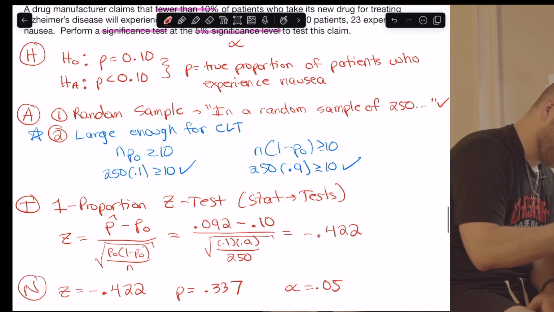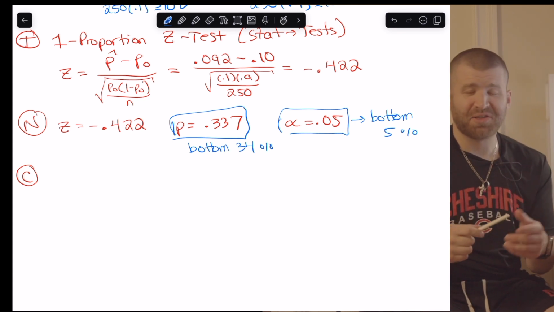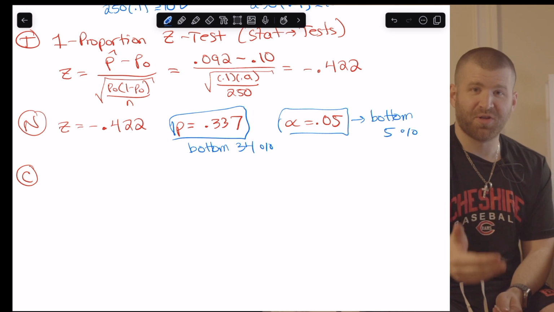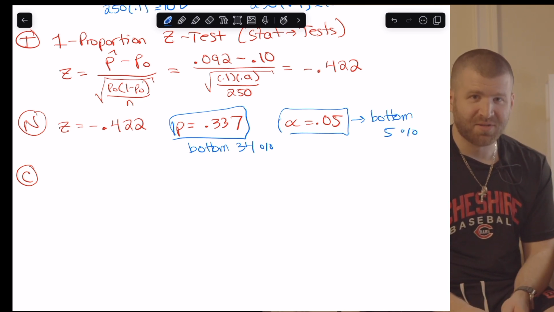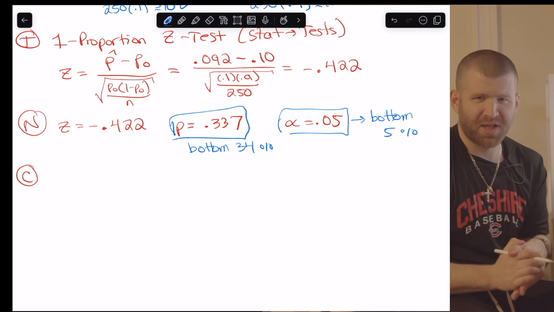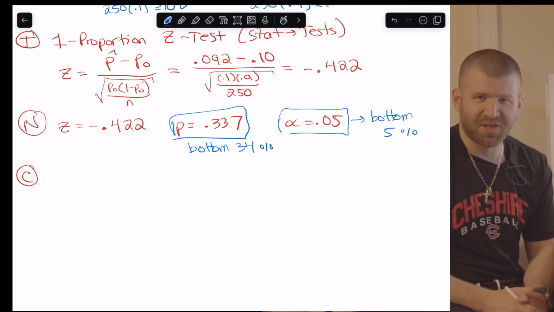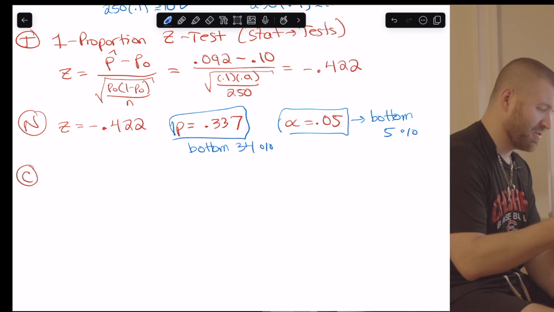What really happened was I was in essentially the bottom 34%. So my sample wasn't far enough away to show that I have evidence that the true proportion is less than 10%. Even thinking logically, we're trying to claim less than 10%, but the sample proportion was 9.2%. Those are very close together.